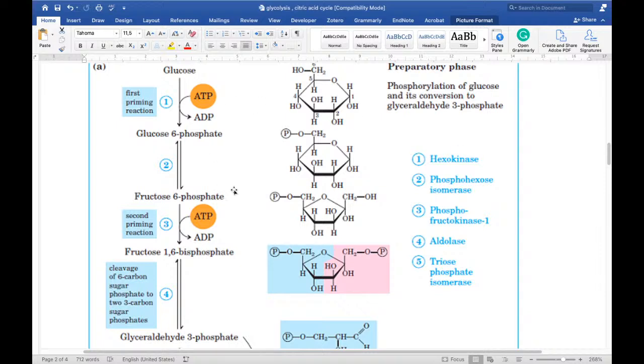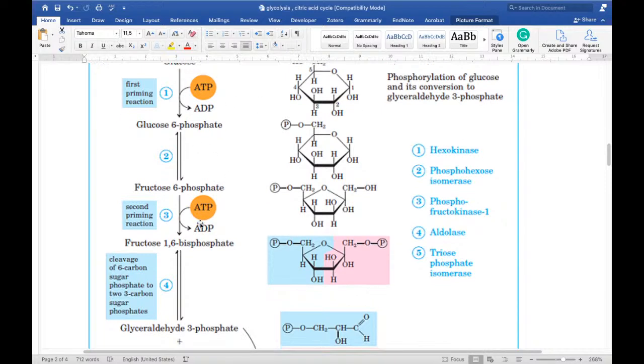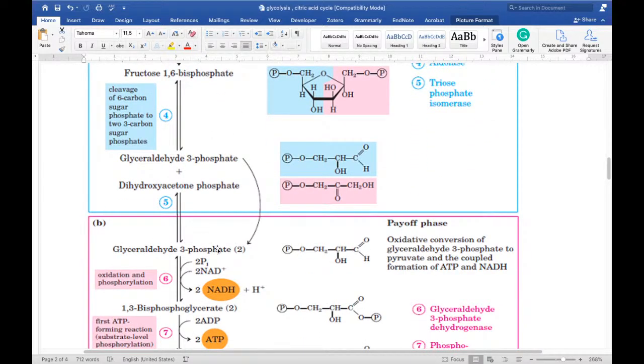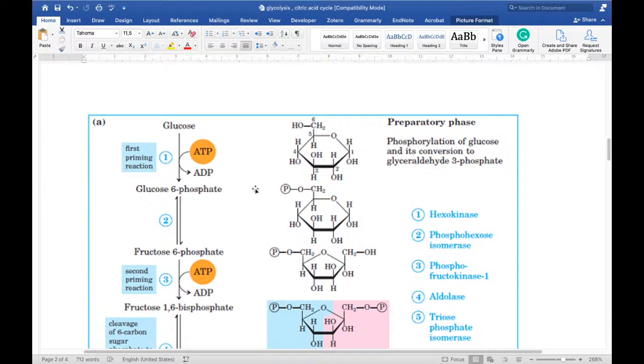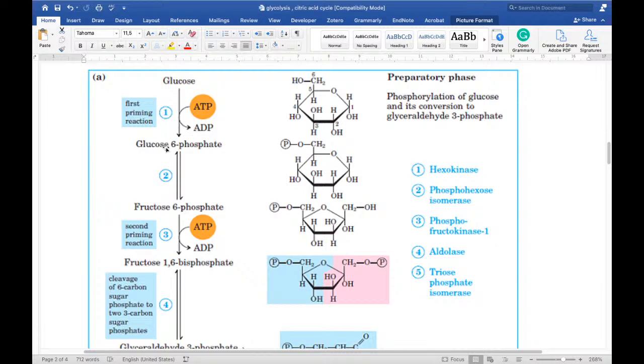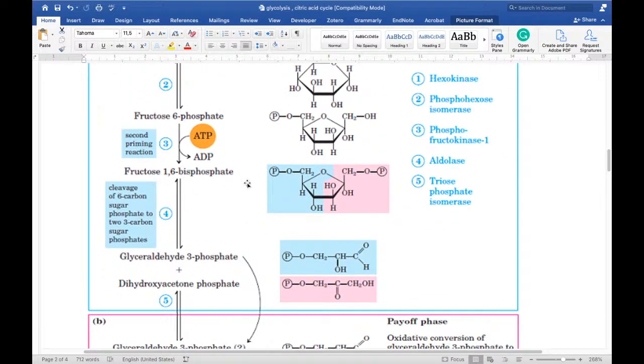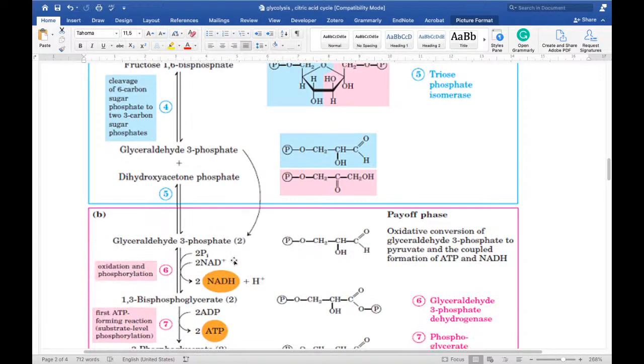So what we have discussed so far is that your glucose is converted into glyceraldehyde 3 phosphate in the preparatory phase with the help of these five enzymes: hexokinase, phosphohexose isomerase, phosphofructokinase, aldolase, triose phosphate isomerase. The first product is glucose 6 phosphate, then fructose 6 phosphate, fructose 1,6 biphosphate, glyceraldehyde 3 phosphate, and then two molecules of the same.